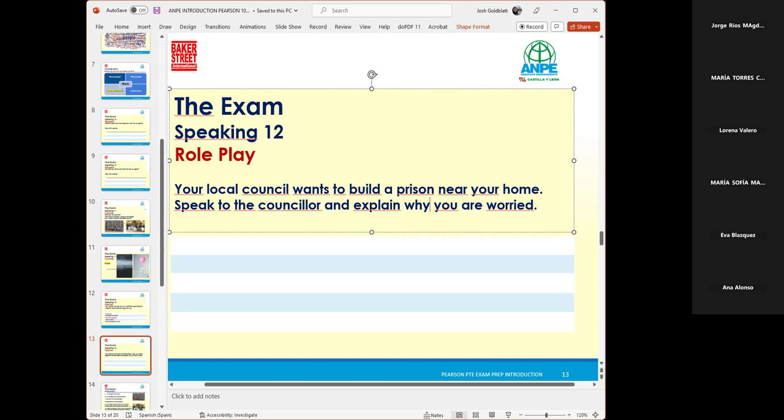Okay, so Eva, you live in a town and the local council wants to build a prison near your home and you're not happy. So tell the councillor, the person who works for the council, why you're not happy, please. Yes.